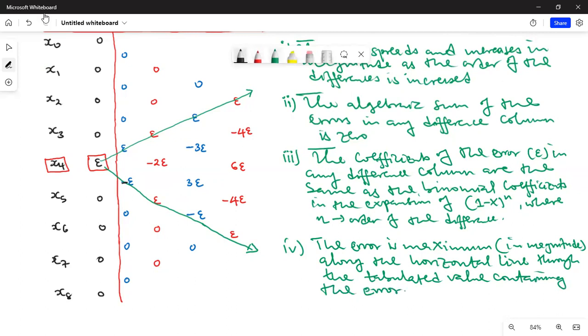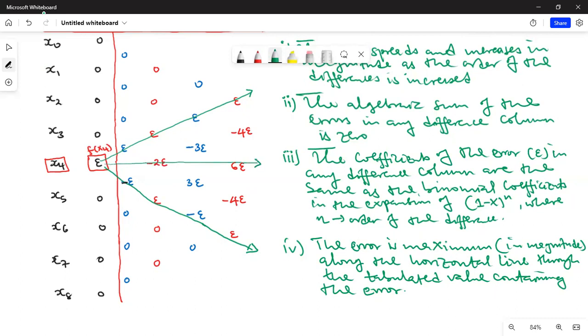The value that had an error was f of x4, or simply f4. So when I draw a horizontal line from f of x4, it will be such kind of a line.